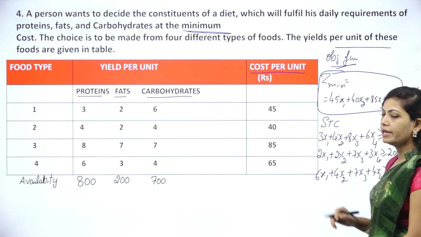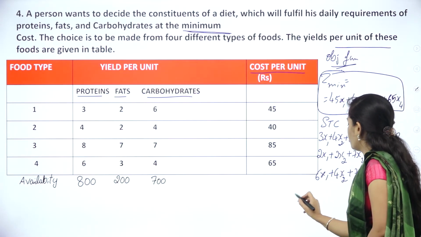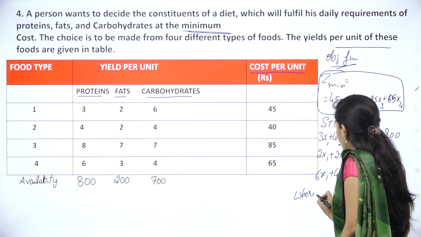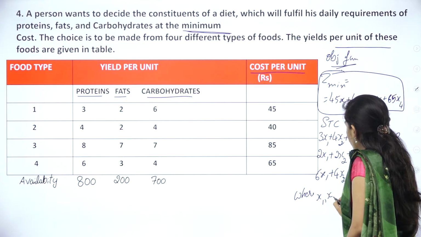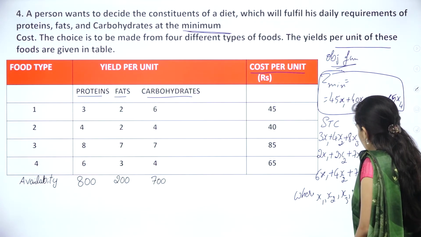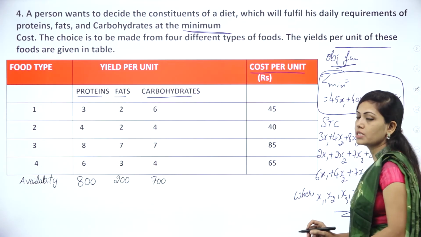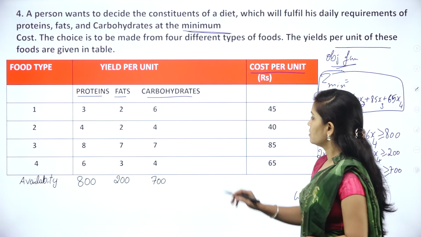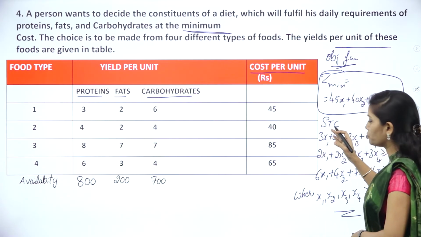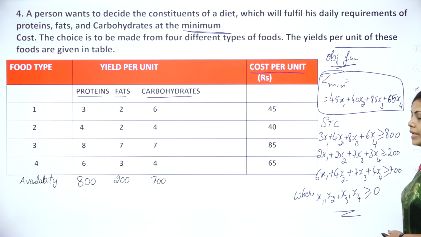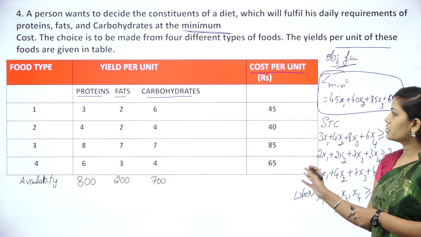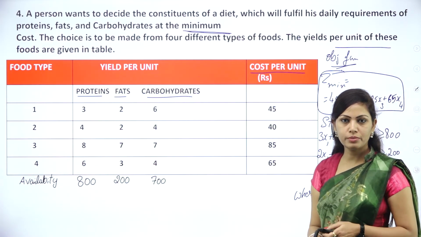So these are the constraints, where x1, x2, x3, x4 greater than or equal to 0, which is the non-negativity constraint. So first write the objective function, subject to constraints and non-negativity constraints. So this is about your minimization problem.